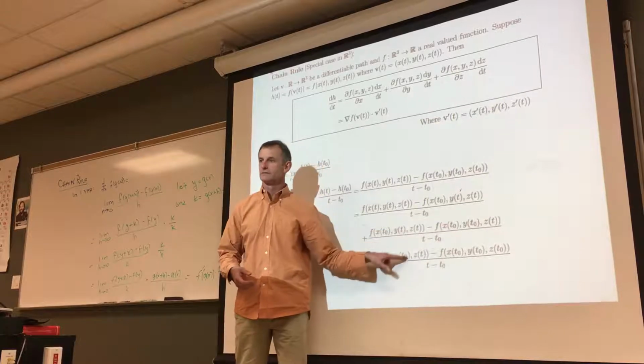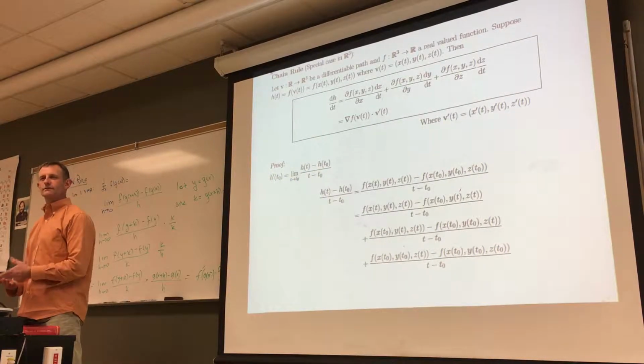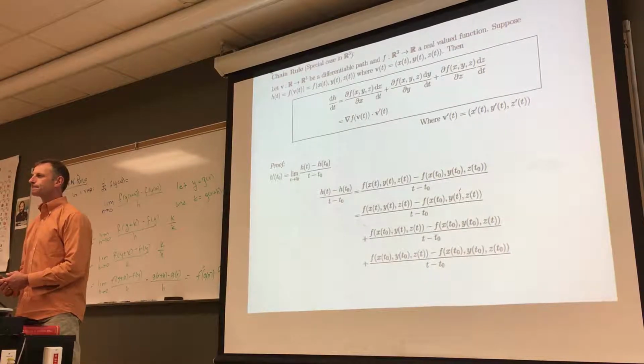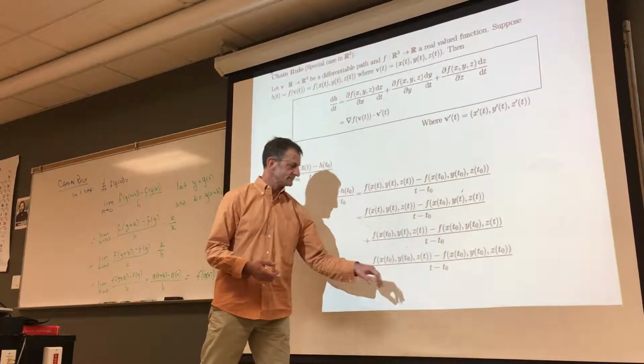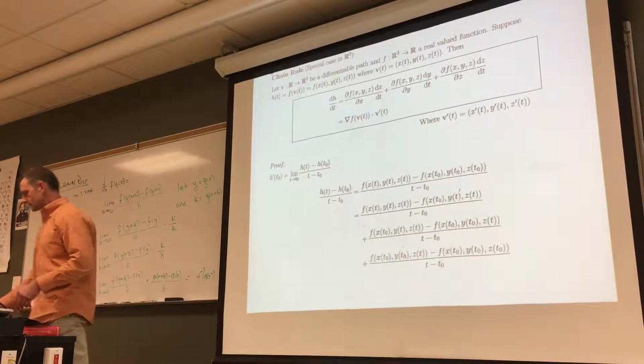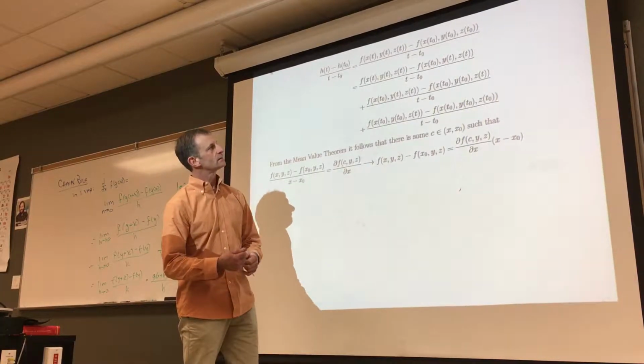The minus and the plus, right? And in Calc 2, you saw telescoping series? Same thing, right? So I'm just extending this. And if I write it out again, these are what my parts look like.